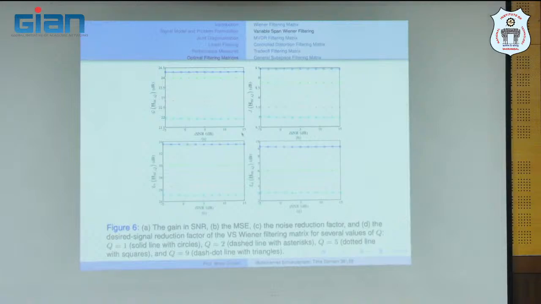Any questions? If one element what? If one sensor doesn't work, it means that if you choose the reference sensor as the sensor that doesn't work, then you will not get anything. It will be problematic.